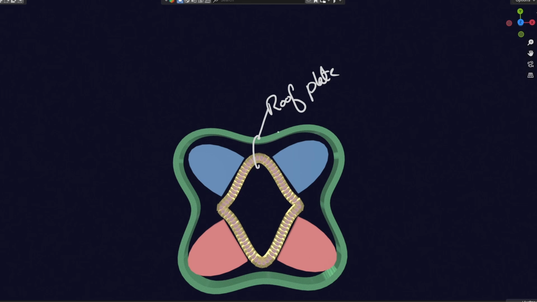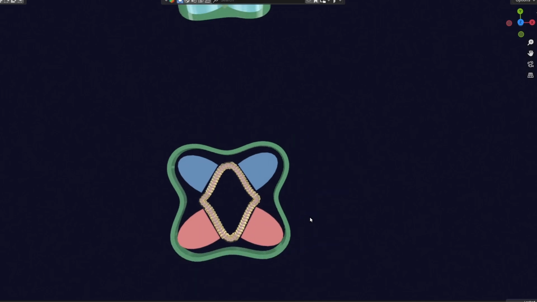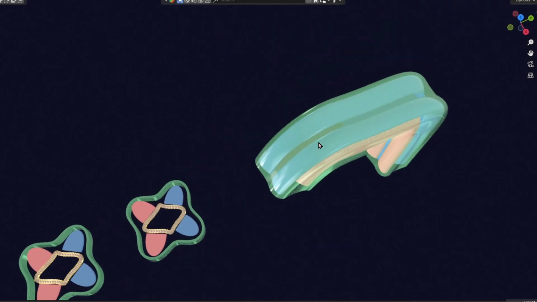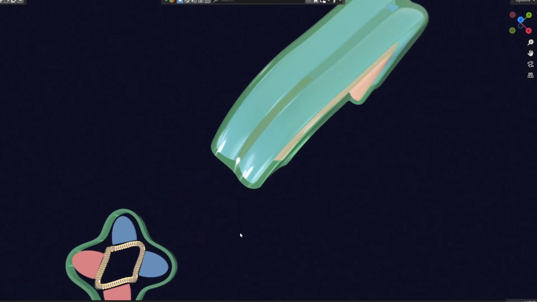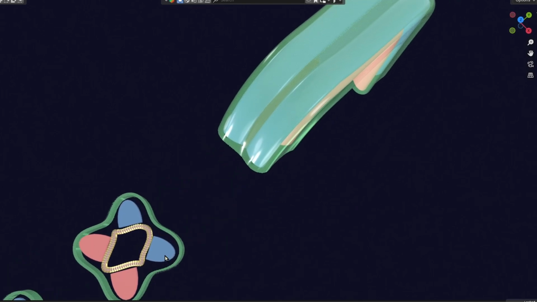Now what is going on here? It's worth repeating that this roof plate widens up like this, it splays open, it spreads laterally, and as it spreads laterally, these alar plates also move ventrolaterally, mainly laterally, but slightly they shift ventrally as well. So let's see the animation again. Here is the full 3D model, and here is just the cross section. Let's watch it again.